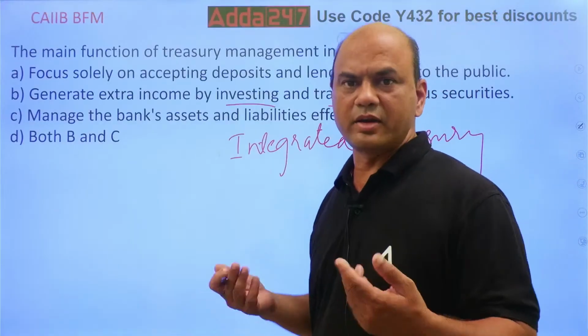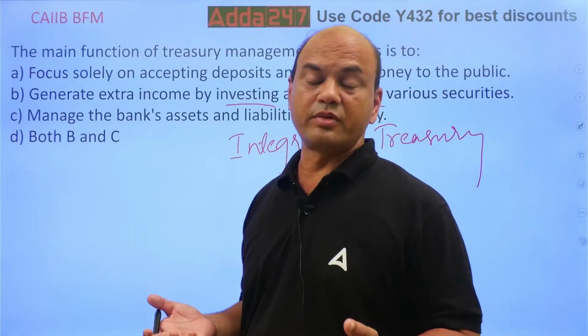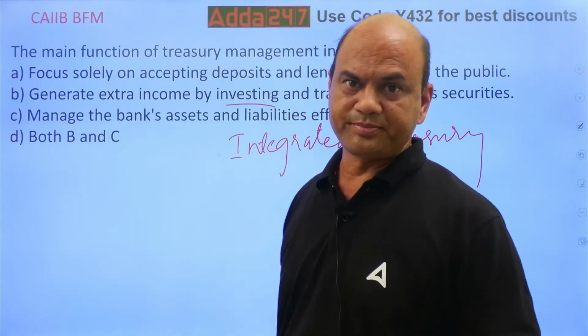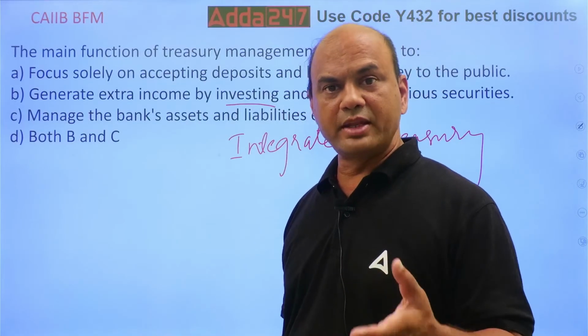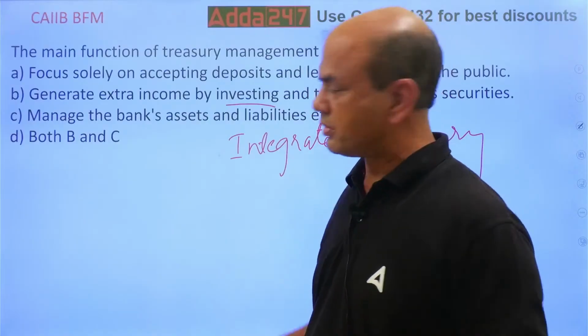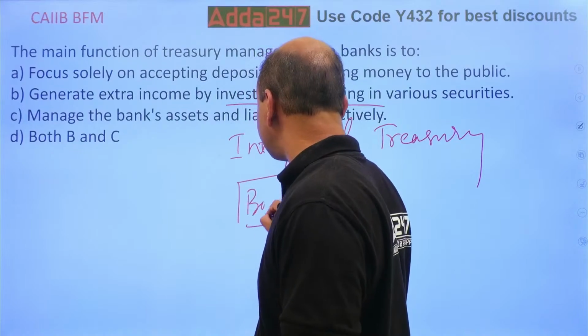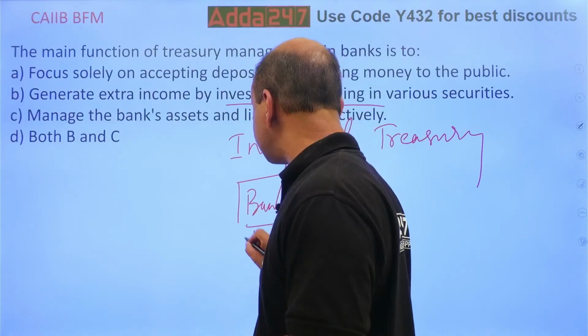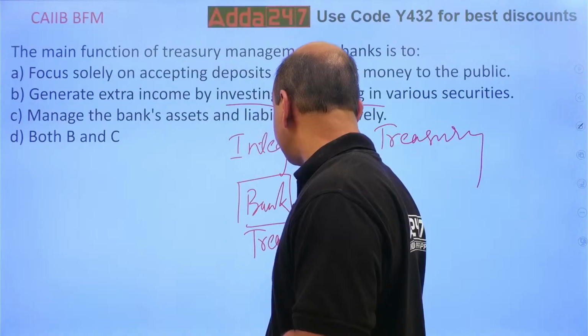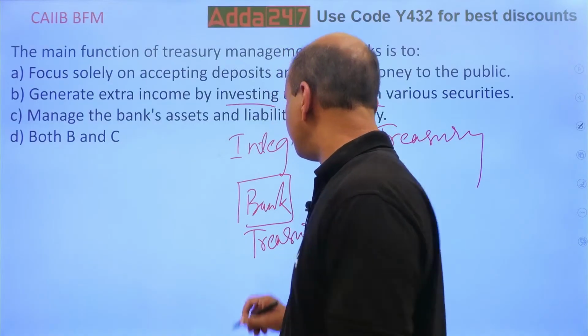Whatever money I get from my loans, from my deposits, what does the bank do with that money? This is a bank, or you call it treasury, clearly bank treasury.